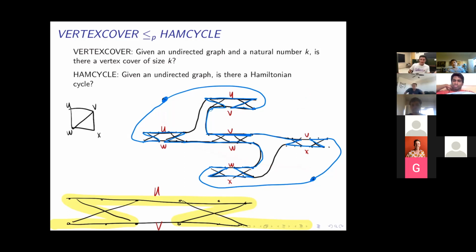So if there are two possible options for vertex covers, there will be corresponding Hamiltonian cycles in this graph. Okay, I know that's a lot, but this kind of makes some sense.